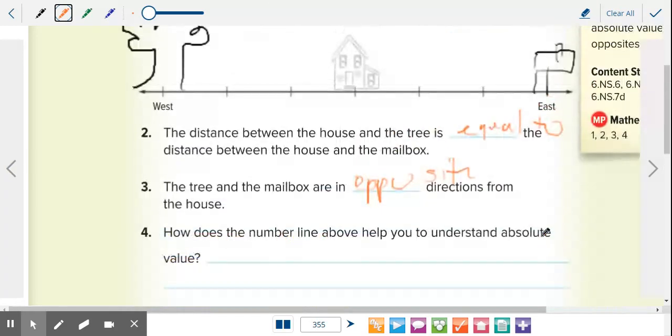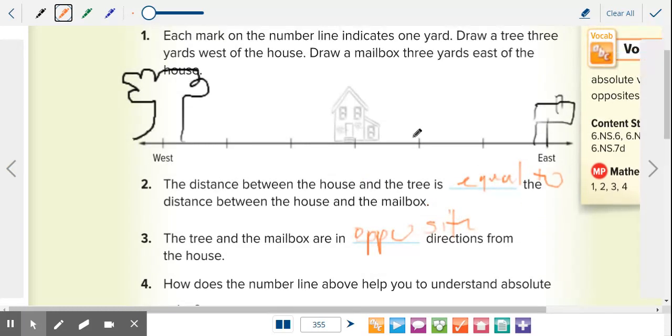How does the number line above help you understand absolute value? What can we say about this number line? What can we say about this house? Where is it at if we're using a number line, Hunter? It'd be at the 0. At 0. So we could say the house is at 0. That's our work where we're ultimately trying to figure out the direction.